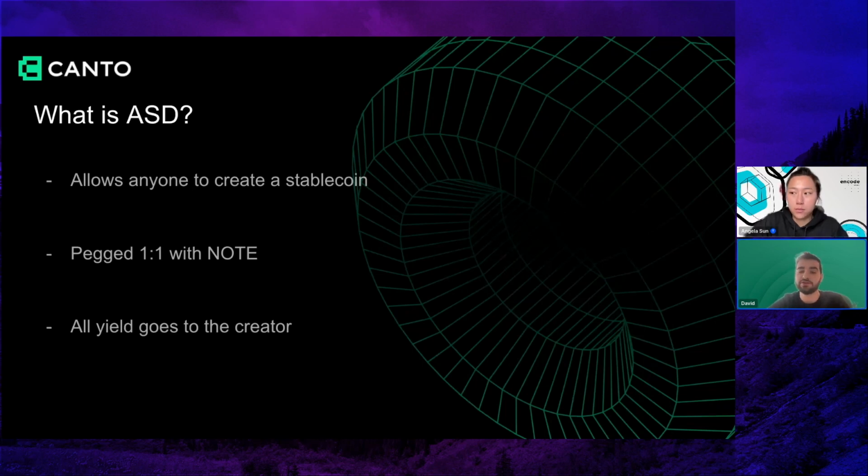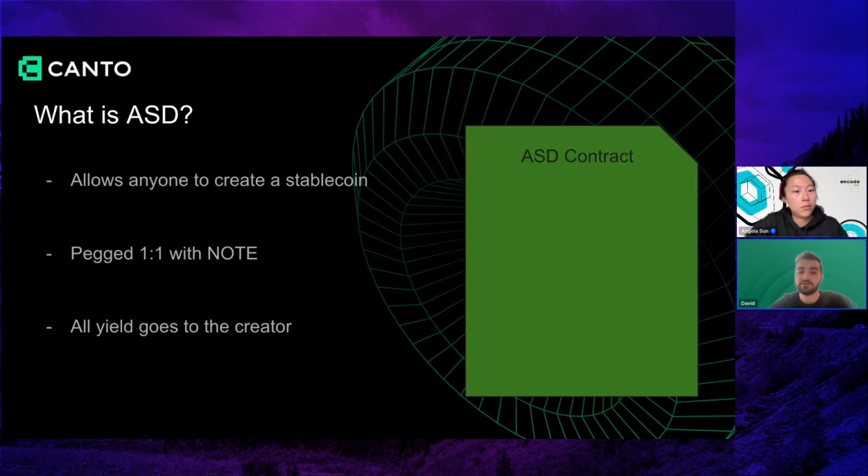So the ASD contract has basically 3 main functions on top of the regular ERC20 token implementation, which is basically just the mint function, which would mint an amount of ASD tokens while that user provides the same amount of note. Burn, which burns an amount of ASD tokens to the users, and will withdraw the correct amount of C note from the lending market in order to return the user with the same amount of note.